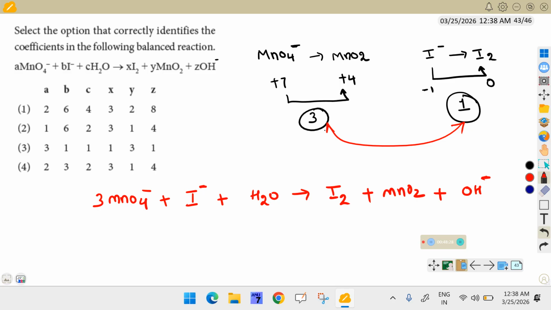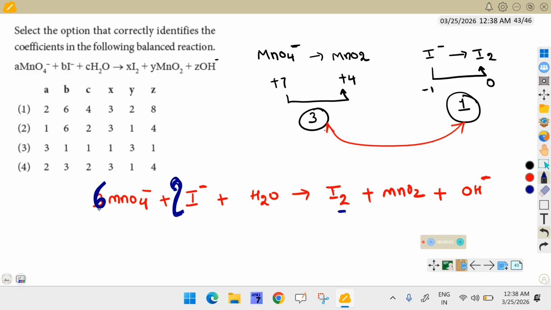The remaining equation you can balance by trial and error method. Here 2 iodines are present, so take 2 moles of iodine and 2 moles of I minus. That means you are increasing the number of moles of iodine. Once you increase the number of moles of iodine, then automatically you can increase the number of moles of MnO4 minus also. Double you can take. Now check whether the remaining equation is balanced or not.